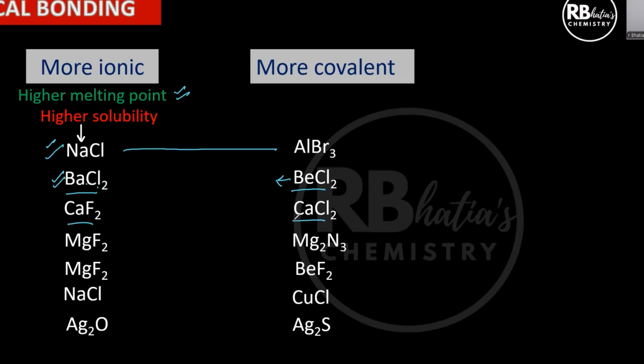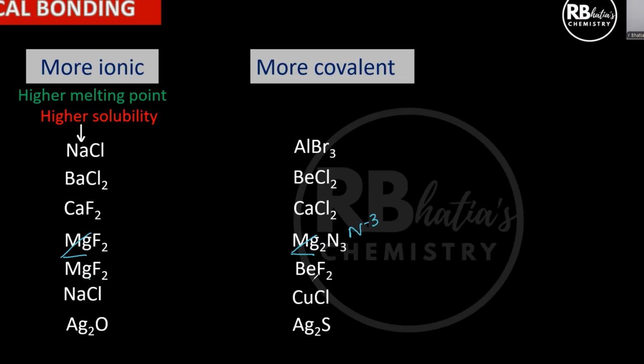Calcium fluoride, calcium chloride, calcium is common. So, chloride is larger, so more covalent. So, calcium fluoride is going to have more ionic, higher melting point, and higher solubility. Similarly, out of these two, magnesium is common, and nitride having a higher negative charge is going to have more percentage of covalent character.